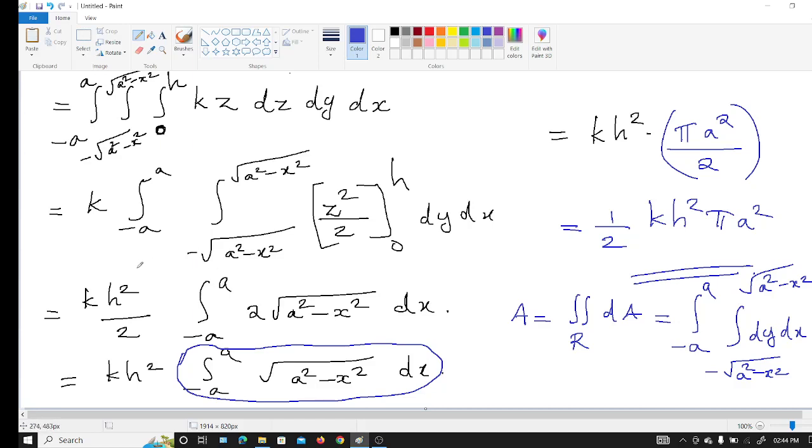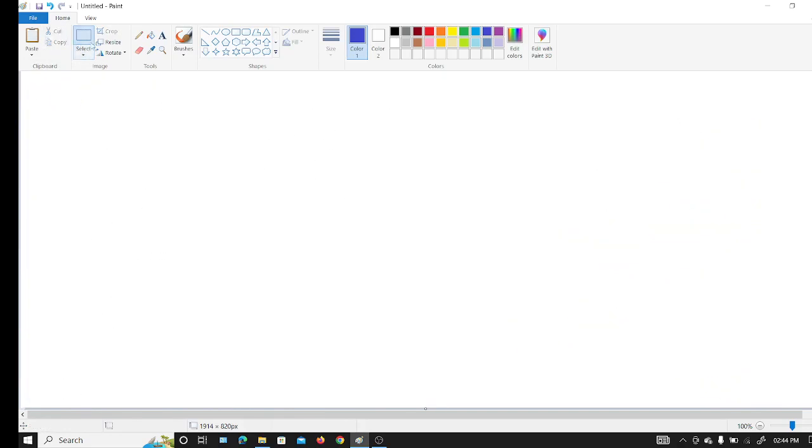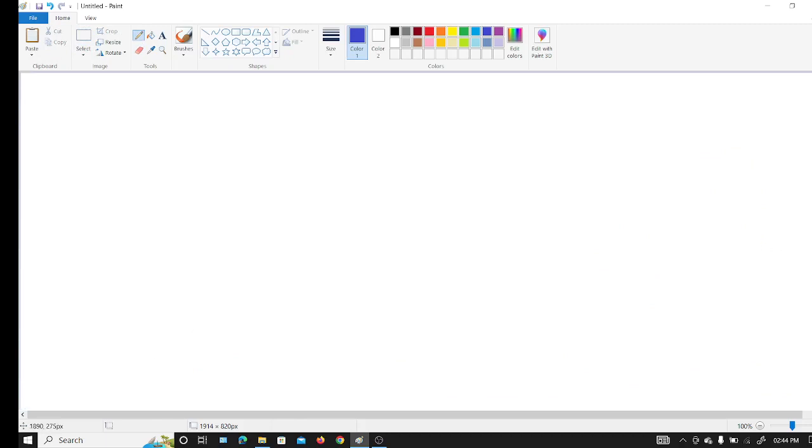Now you can see that our figure is symmetric about the z axis. So here we can find z bar only.